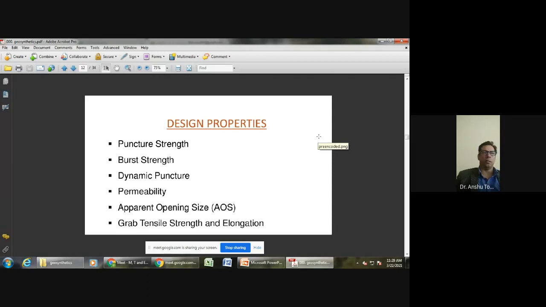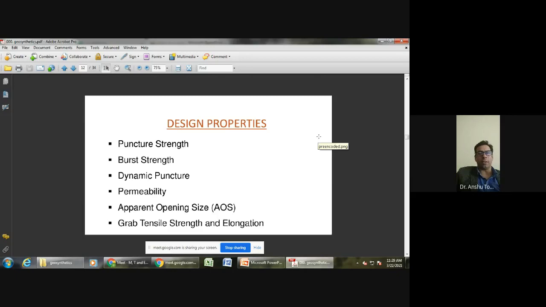Design properties. See, from the start of the lecture I am saying that most of the purposes which a geotextile is going to serve are dependent upon the design.